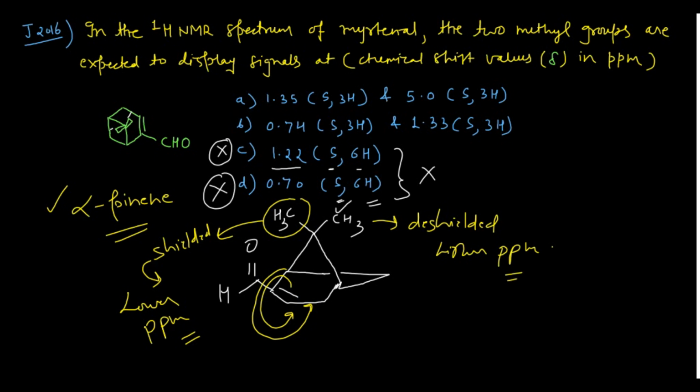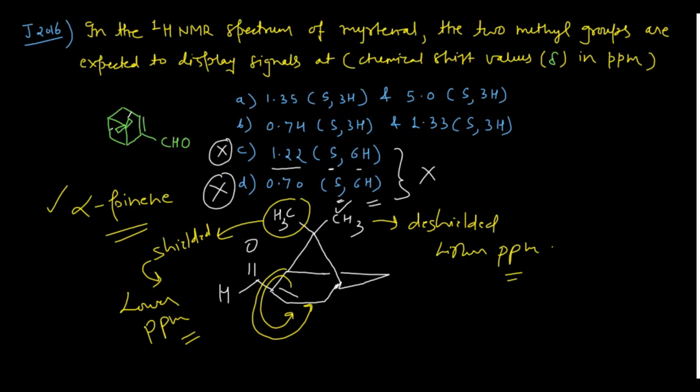Now in the two options, see 1.35 and 5.0, 0.74 and 1.33. You might get confused. This is shielded, so this should have the lower value of ppm. This 0.74 is lower in this option because 1.33 is bigger, and in option A also 1.35 is actually the lower value compared to 5.0.